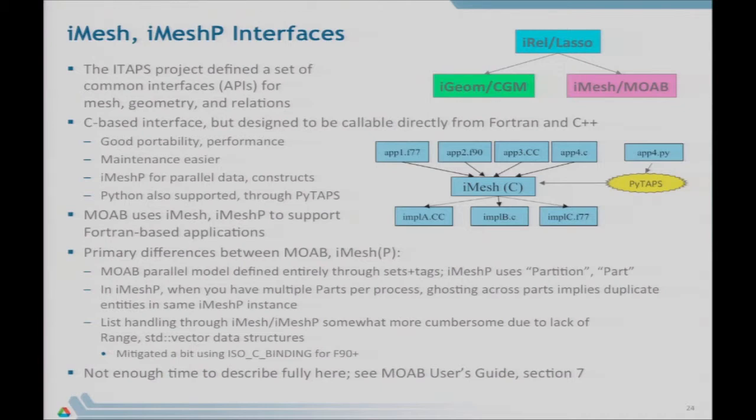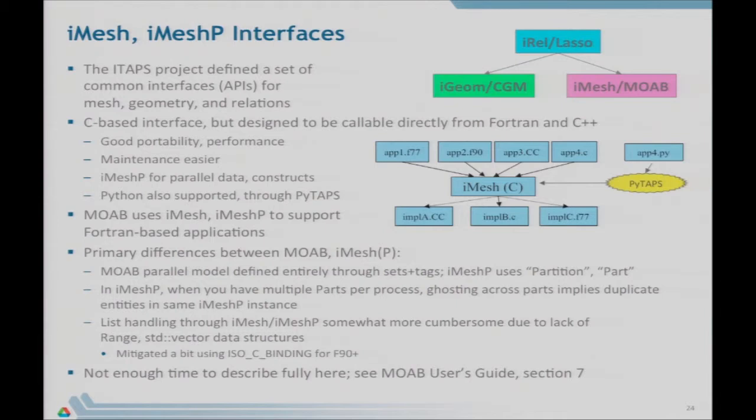The data model used in the iMesh interface is almost identical to the one used in MOAB. And so you can call the same sorts of functions to get the same sorts of information from the library. And if you're using MOAB, you'll get the same information back going through the iMesh interface as you will going through MOAB's native interface. They just may look a little different because the data structures are slightly different.